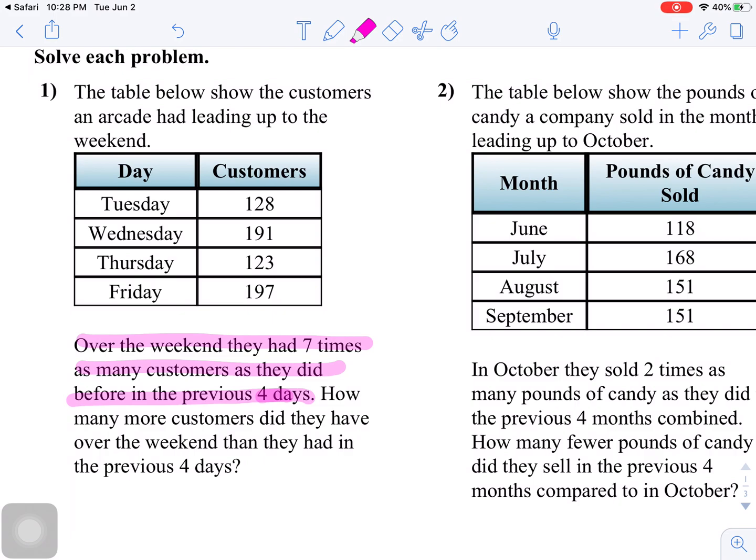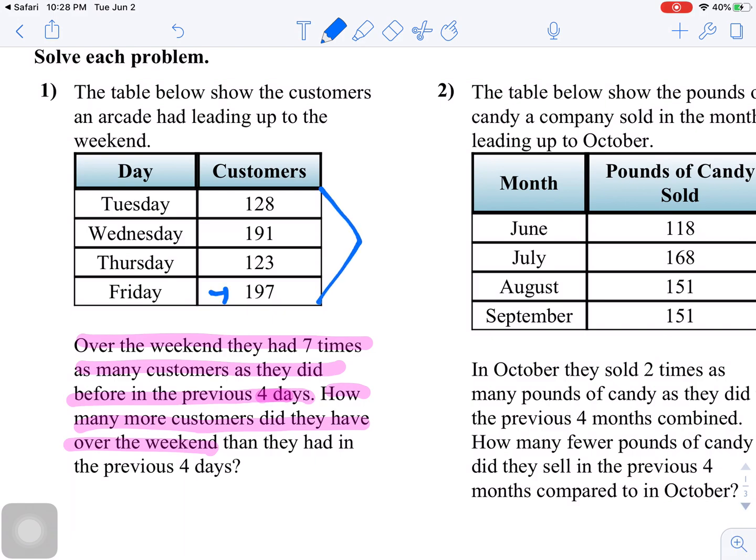And my question is, how many more customers did they have over the weekend? I need to find out how many they had over the weekend, and it's 7 times more than the 4 days all together.